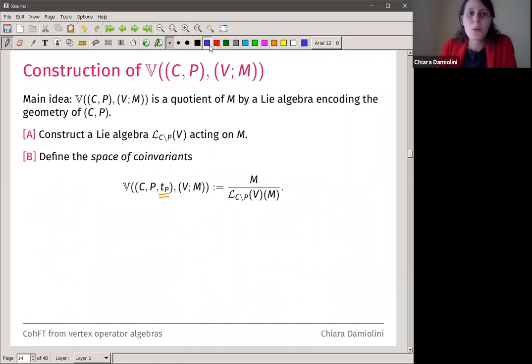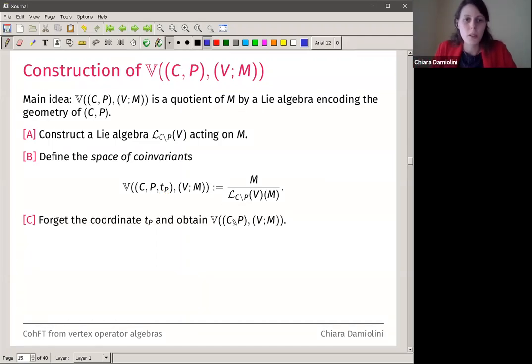Well, this is almost what we want. We would like to get rid of the coordinate. The reason why we don't want the coordinate is because at the end of the day, we really want to only take care of the curve and a point. We don't want to fix other data. We want to be on the moduli space of curves with points, not of points and coordinates. But this is possible to do.